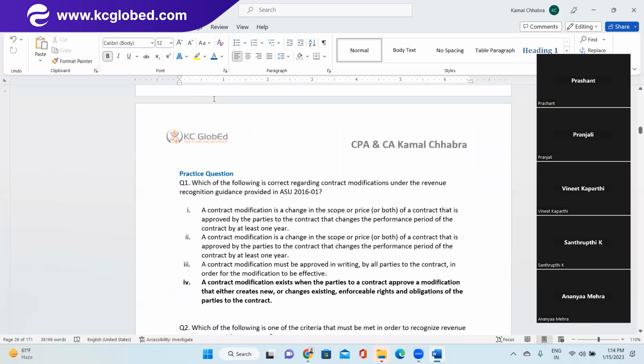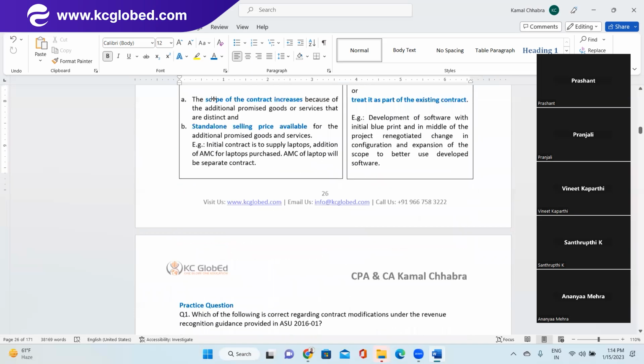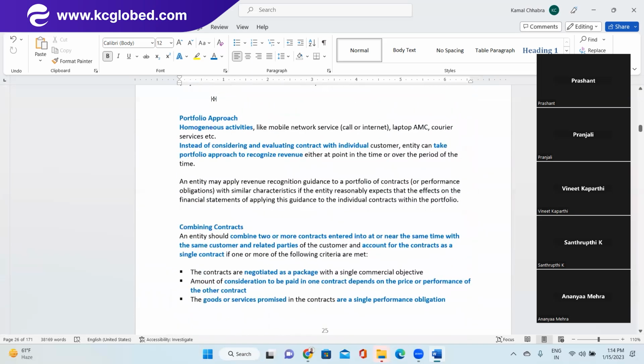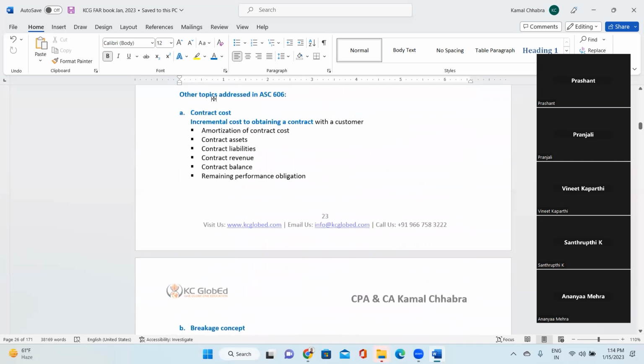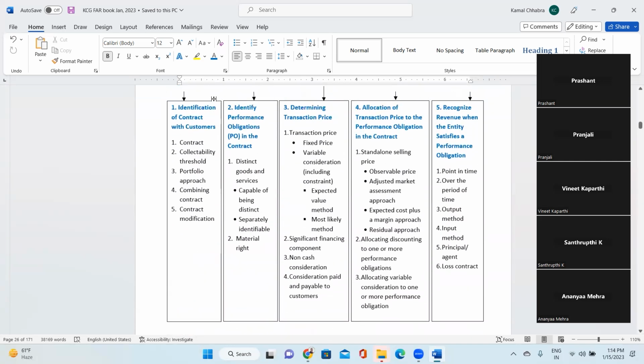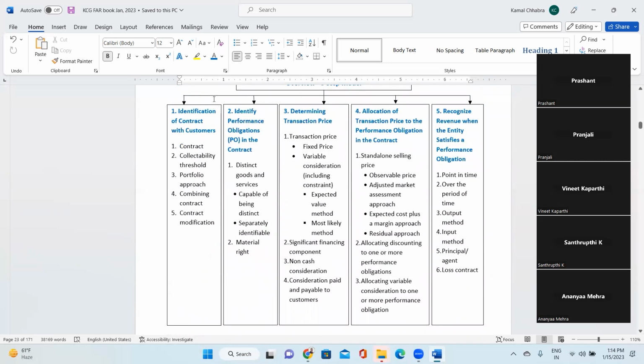So this is all about step one. Step one is identification of the contract with the customer. First we understood whether the contract, the agreement, the communication is a contract or not. Second, we understood whether the amount mentioned in the contract has collectability, or the collectability is probable, right?